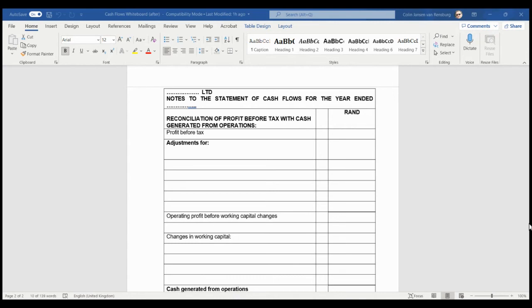But now, once we've adjusted for all income and expense amounts that do not relate to your operations, it means you are now not sitting with a profit before tax or a net profit or any other kind of profit except for an operating profit, right?